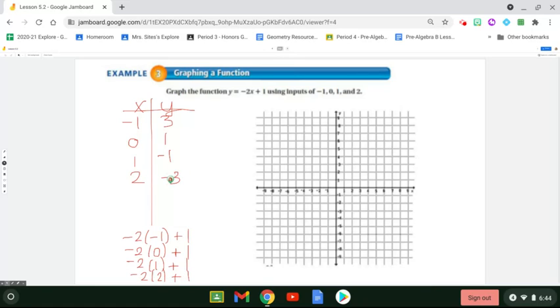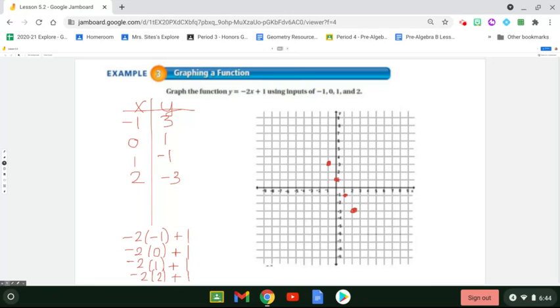Okay? And when I start plotting those points, you can see -1 with 3, 0 with 1, 1 with -1, and 2 with -3. And we've used the inputs that are given to us at -1, 0, 1, and 2.